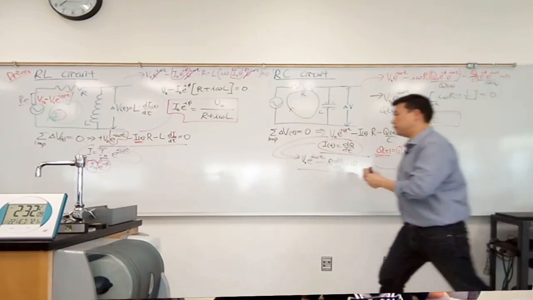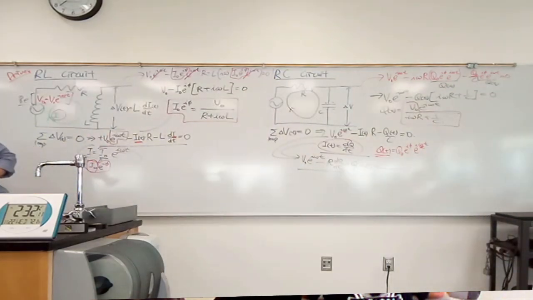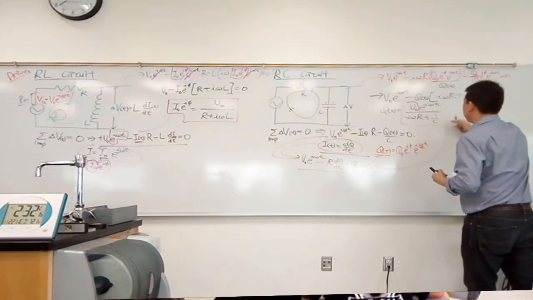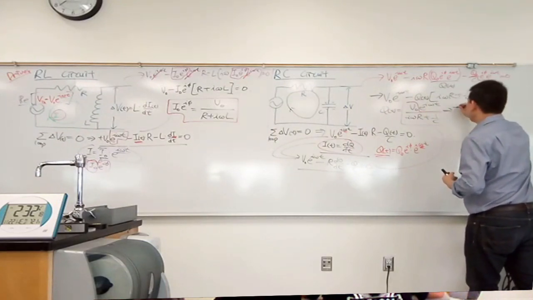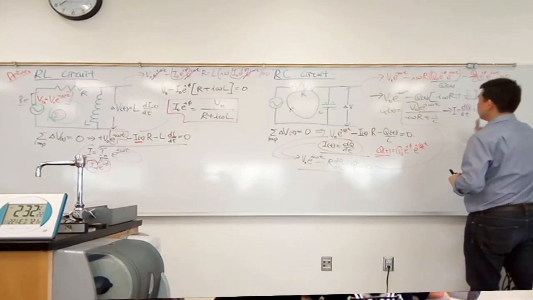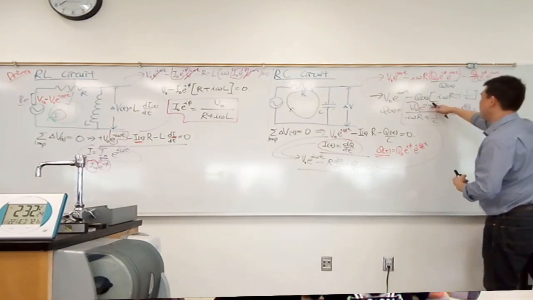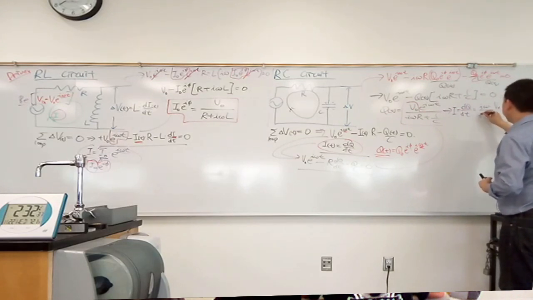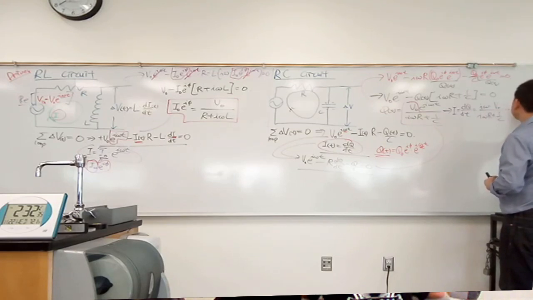So you end up with current, or dq dt, equal to i omega times V naught over i omega R plus 1 over C times e to the i omega t.